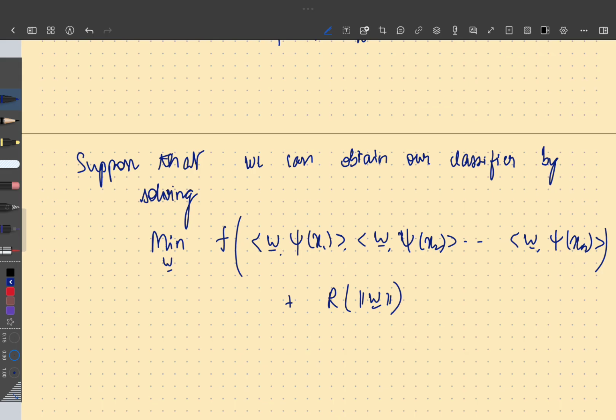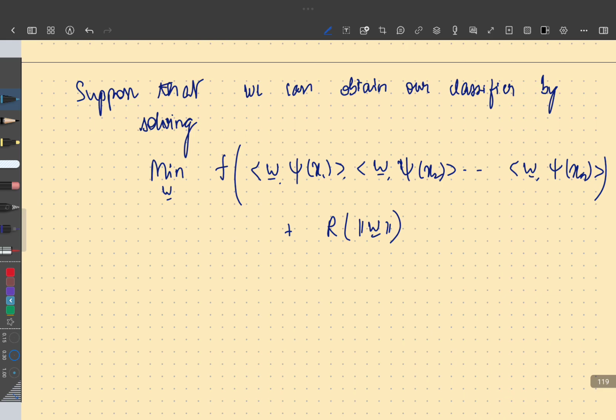Here f is any function from Rn to R, which in our case takes the inner products as arguments.